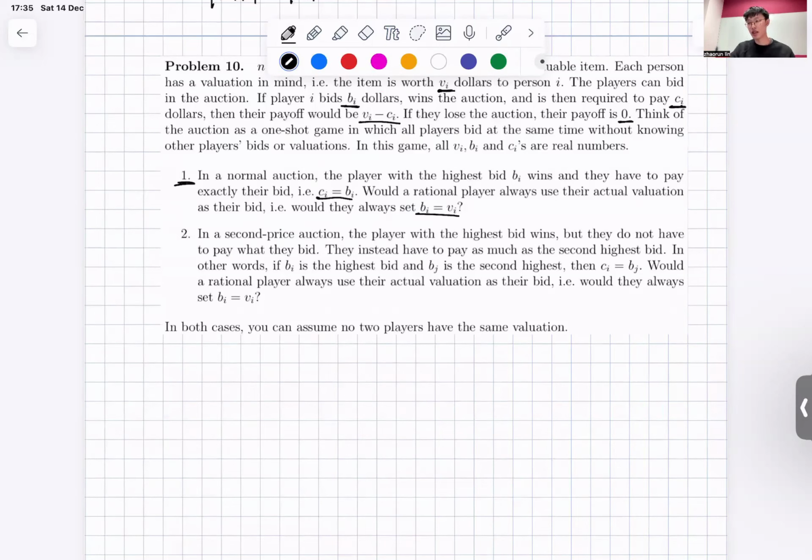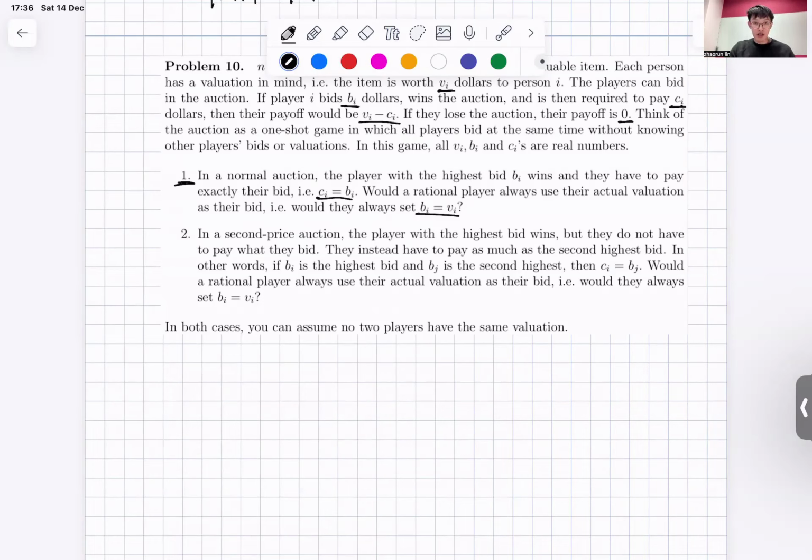So in any case, if I'm the highest bidder, I always have to pay the second highest bidder's bid.